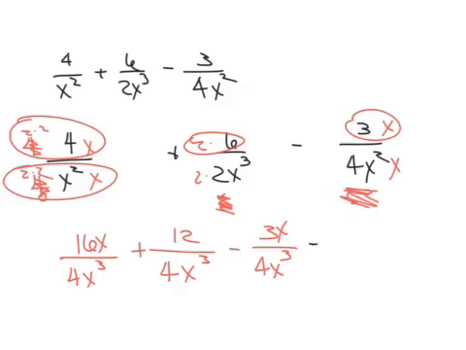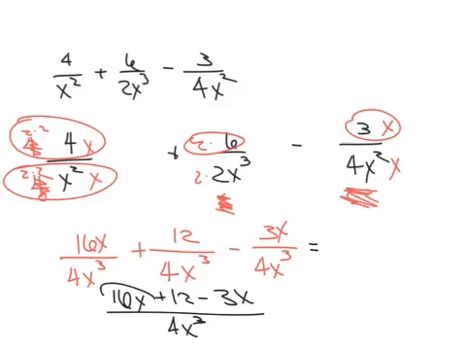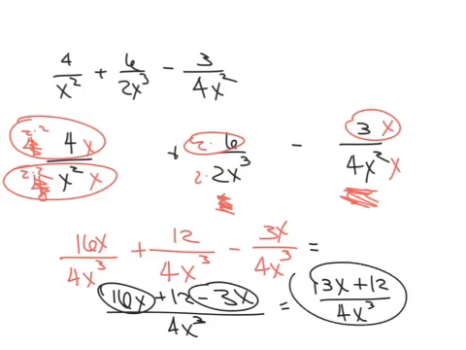I didn't get common denominators. Now I can rewrite this as 16x plus 12 minus 3x all over 4x cubed. But I can combine these two. 16 minus 3 is 13x plus 12 over 4x cubed. And that is my answer there.